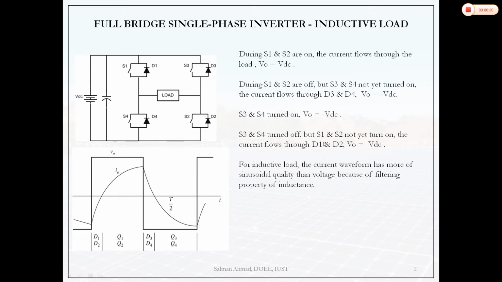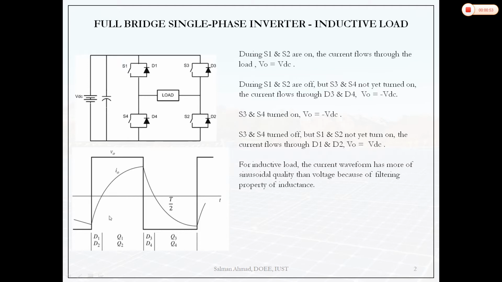So as you can see, if you have an RL load, the current will look like this. If we want to plot the exact waveform of the current, whenever positive voltage is applied, the slope of the current will be positive, and whenever negative voltage is applied across the load, the slope of the current will be negative.